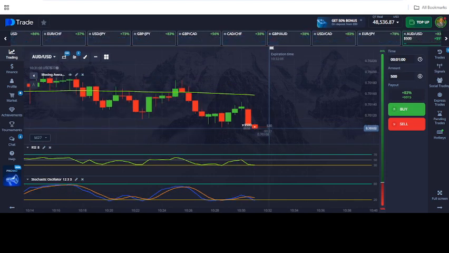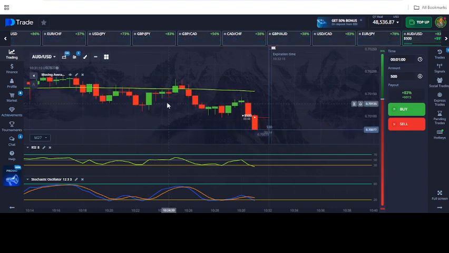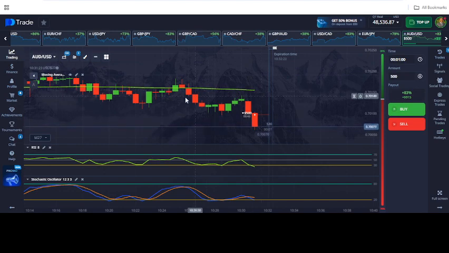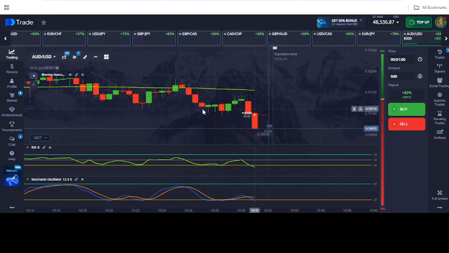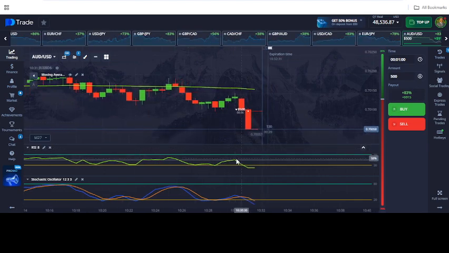Okay, so I'm on the Aussie dollar, US dollar currency pair, and I just took a sell trade. Reason why I took the sell trade, first of all, we see the candles below the 150 EMA line, and this suggests a continuing bearish trend to the downside. Secondly, the RSI line crossed below the 50 line here in a downward direction.